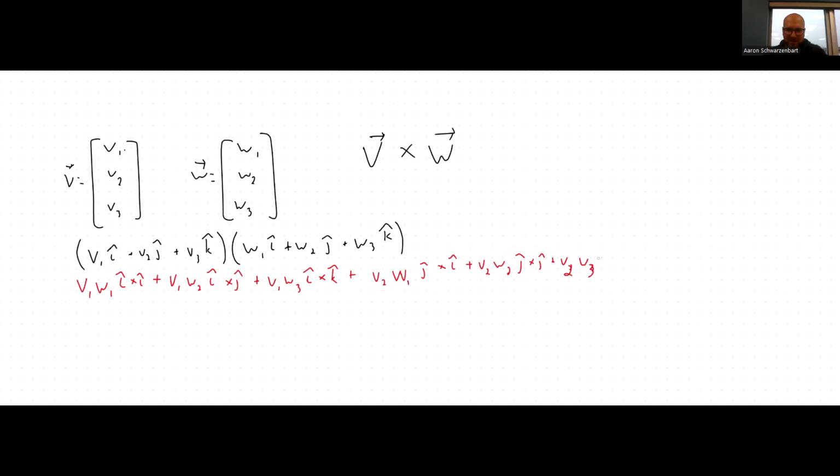I should just make these nicer. j hat cross k hat plus V3 W1 k hat cross i hat plus V3 W2 k hat cross j hat plus V3 W3 k hat cross k hat.